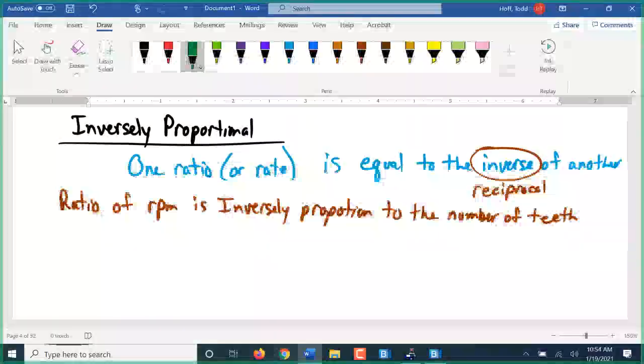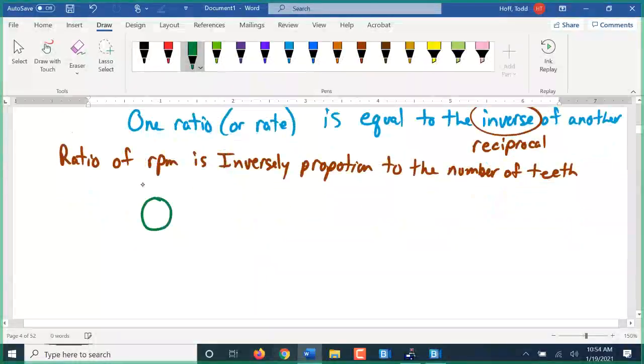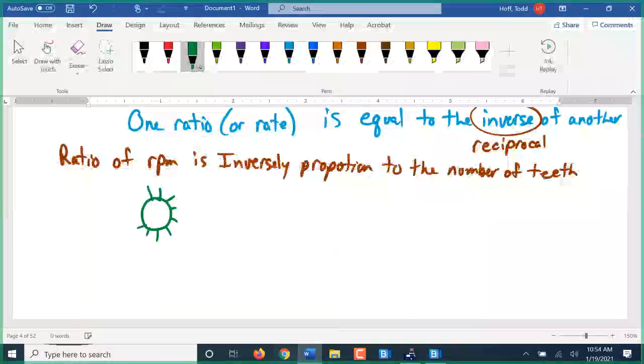So what does that mean? Well, let's say we have a gear with 12 teeth meshing with a gear with 8 teeth.